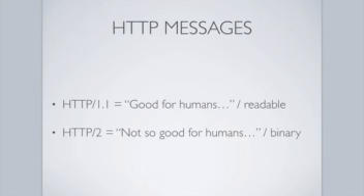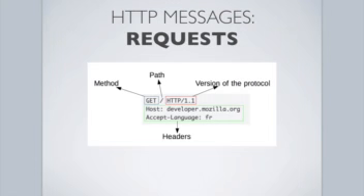So, good for user experience, but not so much for human readability. Just to give you an example, HTTP message request, because there are actually two types of HTTP messages, requests and responses, naturally. Each has their own format.